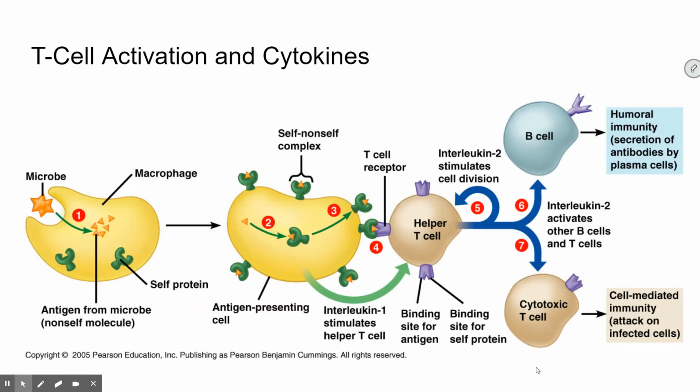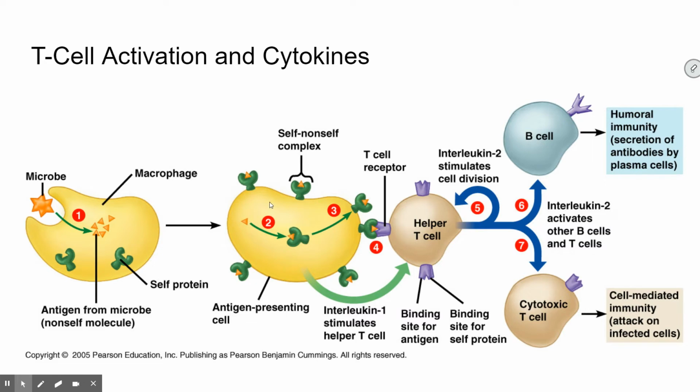So let's talk about how T cells are activated and how they differentiate as well. T cells can be activated only when an antigen is presented to them. All right, so see here in this picture, you've got a macrophage. It eats this starry thing and pulls these little antigens off of it, and now it's presenting those antigens to the world, saying, here, look at what I ate.